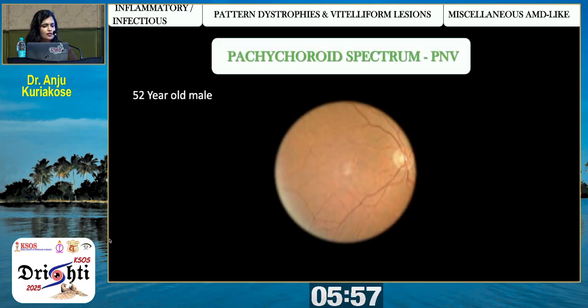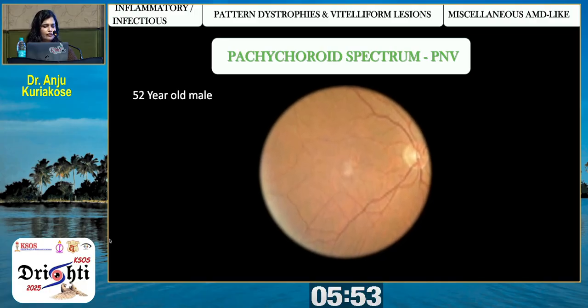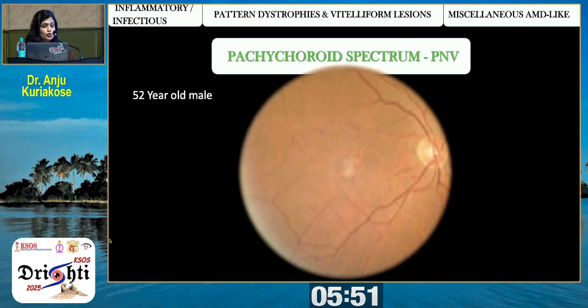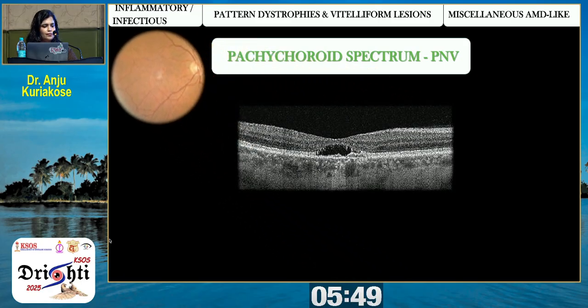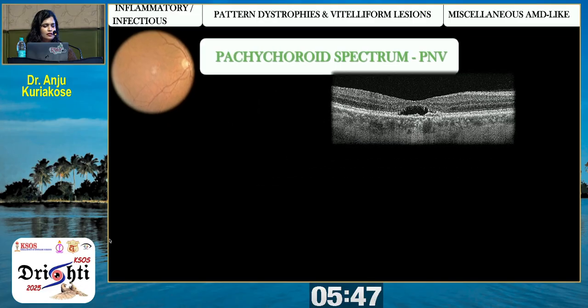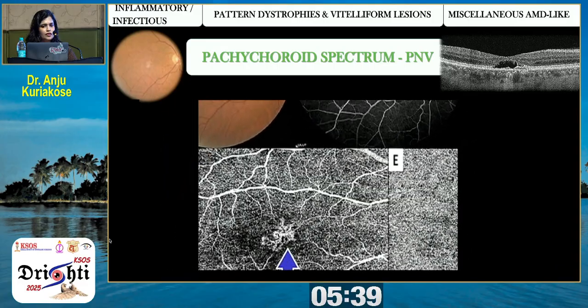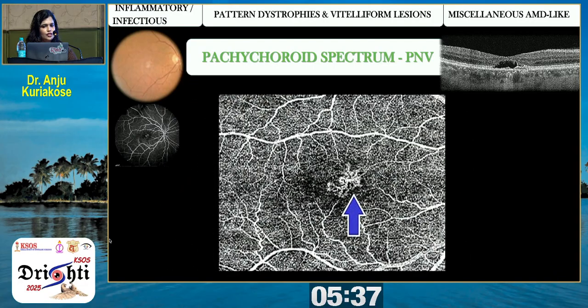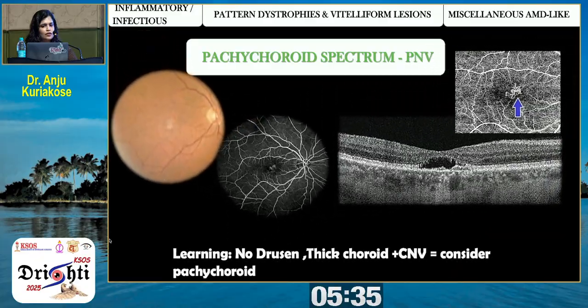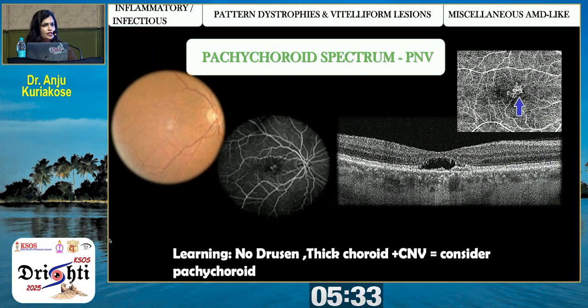Next is pachychoroid neovasculopathy: a younger 52-year-old with no drusen, type 1 CNVM, irregular shallow PEDs, choroidal thickening, double layer sign in OCT, and neovascularization in OCTA. The learning point is no drusen, thick choroid plus CNV, consider pachychoroid neovasculopathy.